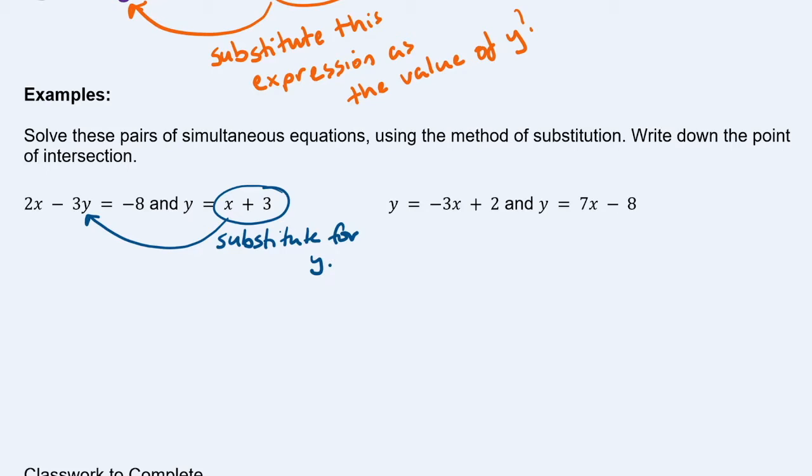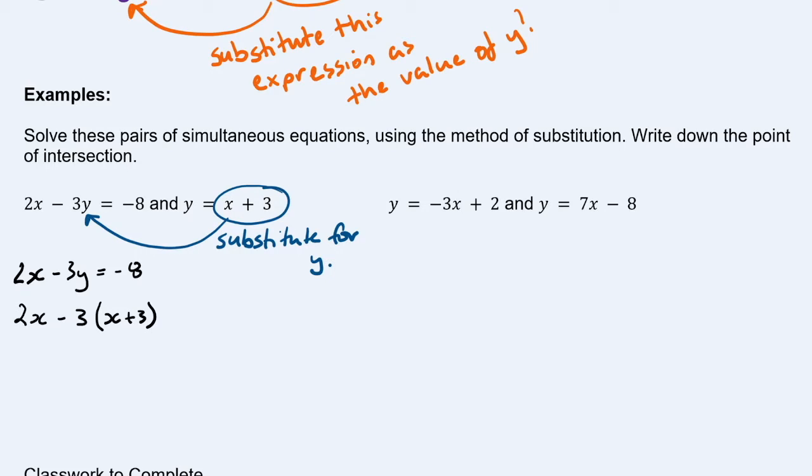So I go 2x minus 3y equals minus 8, but I'm now going to substitute in for the y. So I've got 2x minus 3, and then I put in brackets because I'm substituting in, x plus 3. That whole of x plus 3 is what y equals.